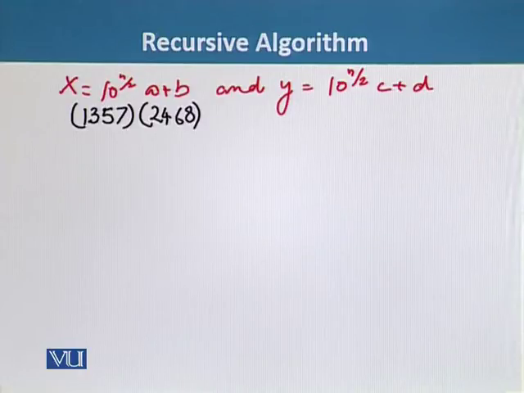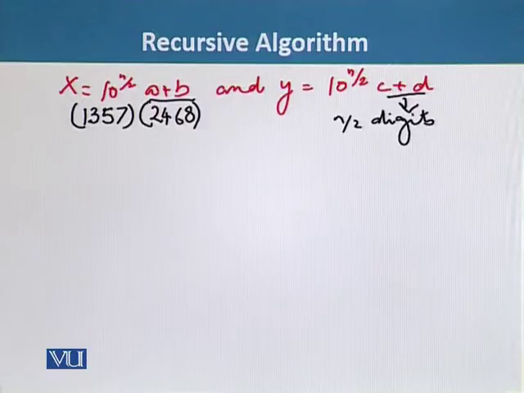And we all know that a, b, c and d are n/2 digits.